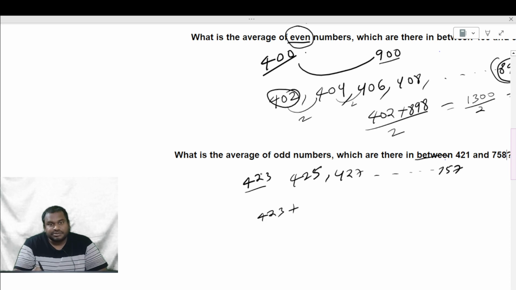The common difference between even numbers and odd numbers is the same, that is 2, as I told you before.